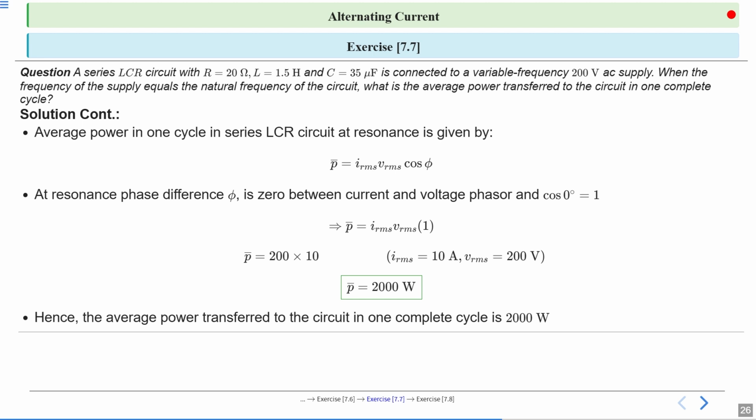So the same amount of energy is returned as was stored, due to which the average power across the inductor or capacitor will be equal to 0, but it is dissipated across resistance only. And at resonance we have calculated the average power transfer to the circuit in one complete cycle. It is given as 2000 watt.